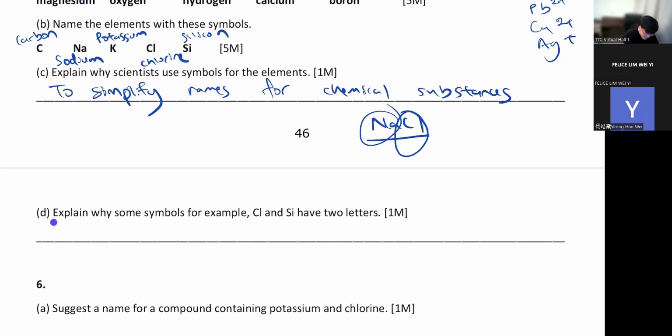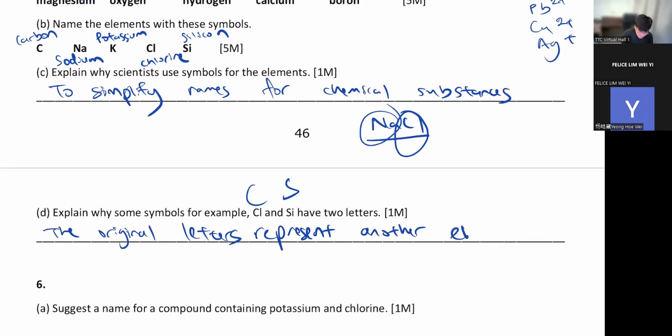So explain why some symbols, for example, Cl and Si have two letters. Why Cl is two letters? Because C is already taken. C is carbon. S is sulfur. So you can say the original letter represents another element.